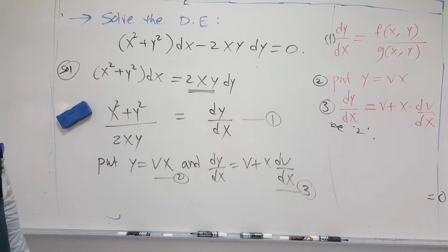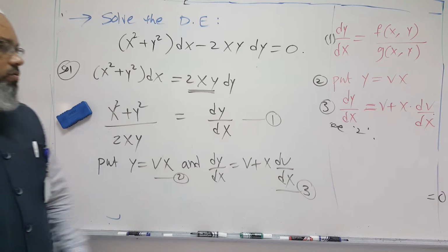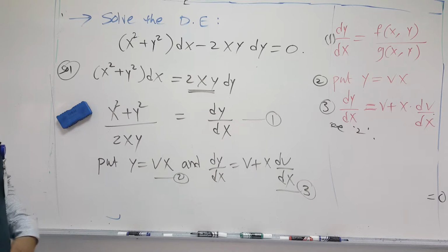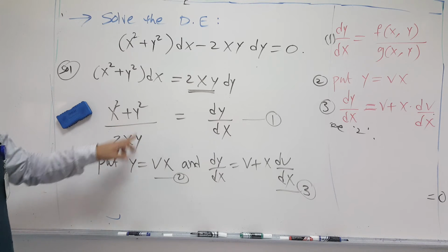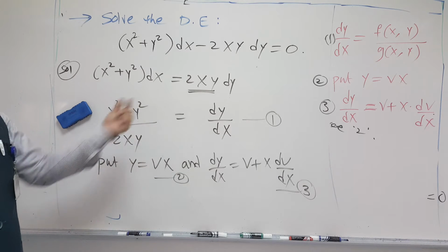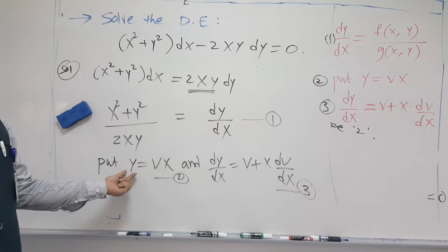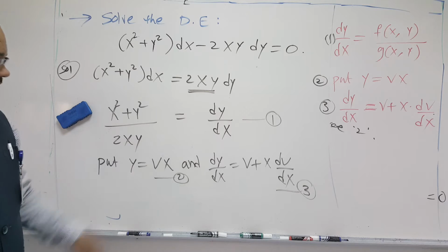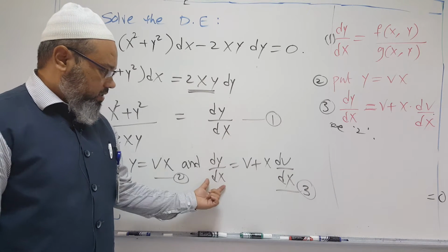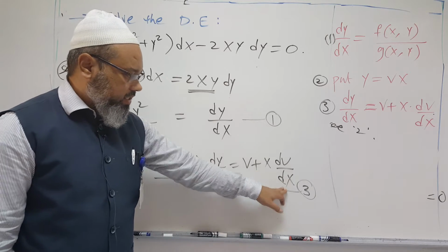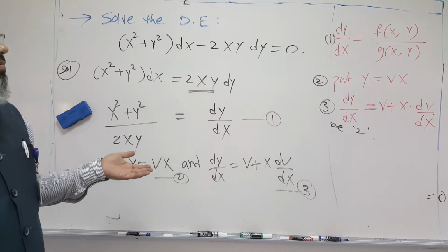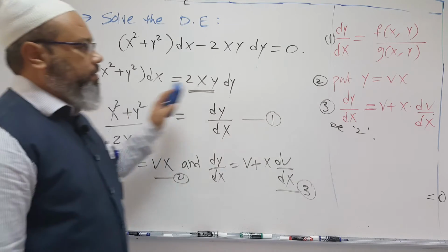Now we have to substitute equations 2 and 3 in equation 1. So here y is there, so this y we replace with Vx, here Vx square, here this is y, so y is Vx. For this dy by dx, yes, it is the same. So we need to write v plus x dv by dx here. That we will do in the next step.